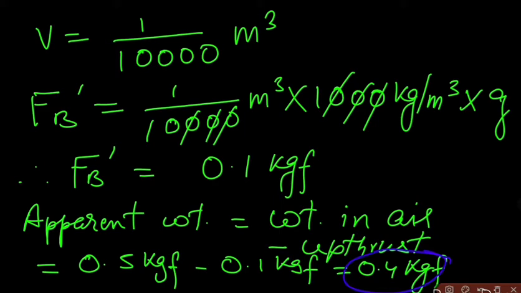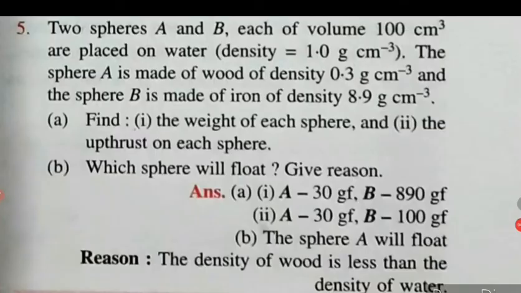Now let us go to question number 5. The question reads as: two spheres A and B, each of volume 100 centimeter cube, that means they are of same size, are placed on water of density 1.0 gram per centimeter cube, which also means 1 gram per centimeter cube.